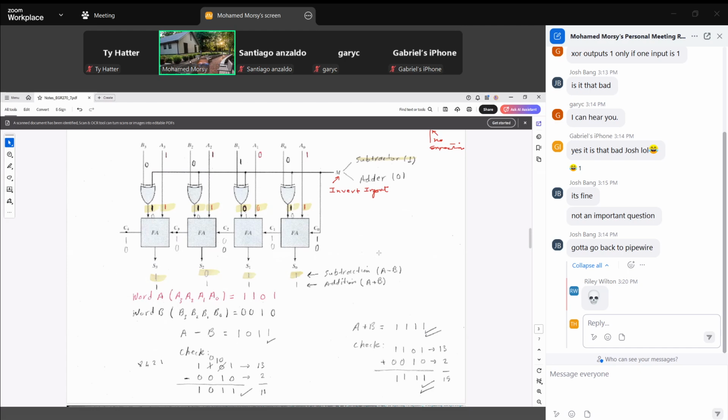A 2's complement number is actually a number, but it represents a negative value. So we just add the other number with this 2's complement representation. We add them up, but actually we subtracted them. Now we convert B from positive to negative, then add this negative number with the A word, so we get the result of the subtraction.